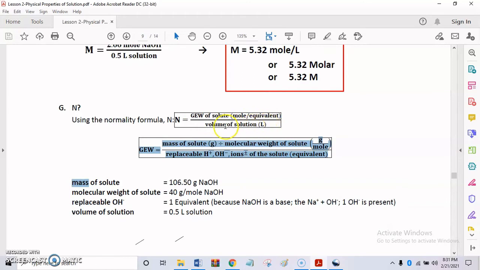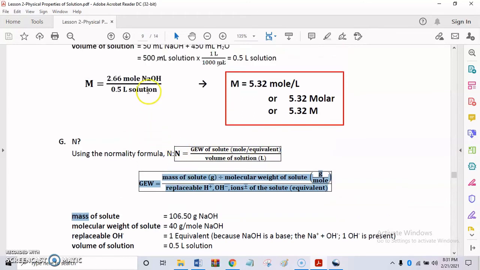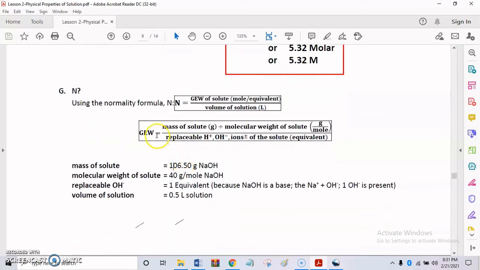So, na-compute na natin itong volume of solution kanina, which is 0.5 liter solution. So, by computing the gram equivalent weight, we need the mass of solute, which is 106.50 grams, divided by the molecular weight of solute, na-compute na natin to kanina, 40 gram per mole sodium hydroxide.